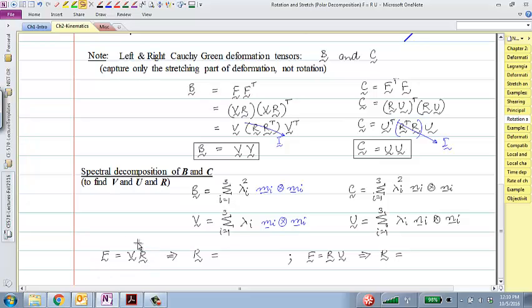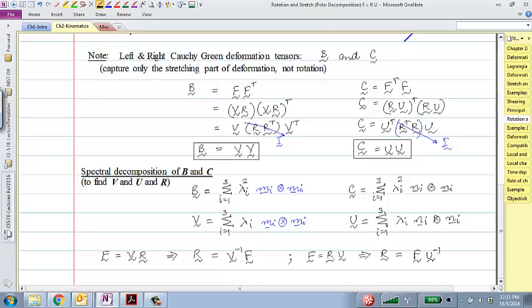We can just use the polar decomposition right here. F is equal to VR. So if I pre-multiply by V inverse, then what we get is V inverse F here, and on the right hand side, if F is equal to RU, so if I post multiply by U inverse, then I get F times U inverse.